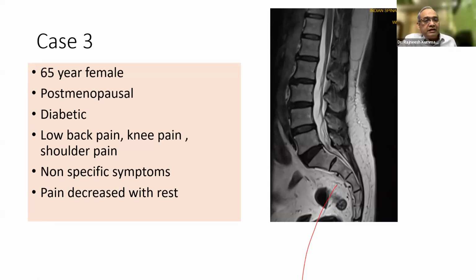So now this is also a very common scenario because we have more geriatric patients coming to us. A female, postmenopausal, diabetic, or with other comorbidities, with pain in the low back, knee, and lower limbs. So what do we need to do? It's important that in these types of patients we also do a DEXA so that at least we know the condition of our bones.